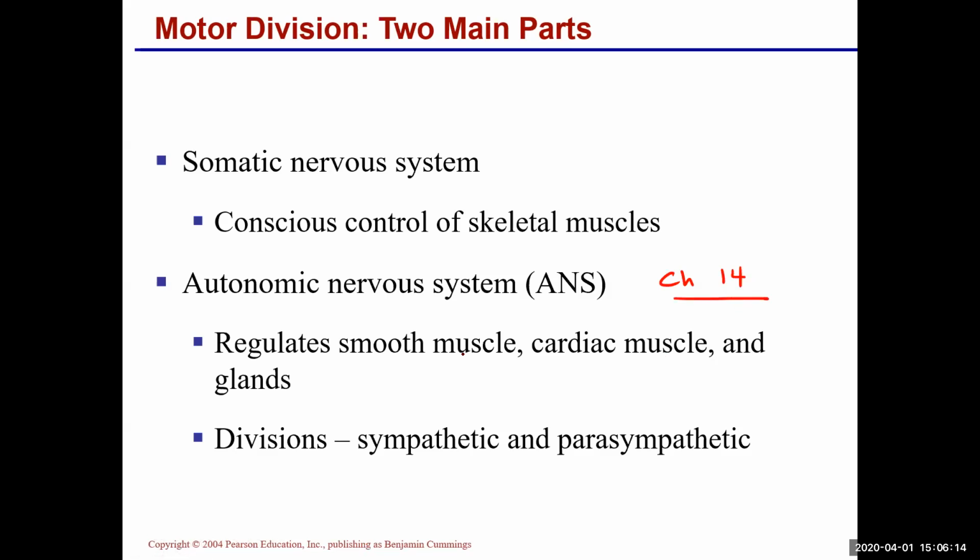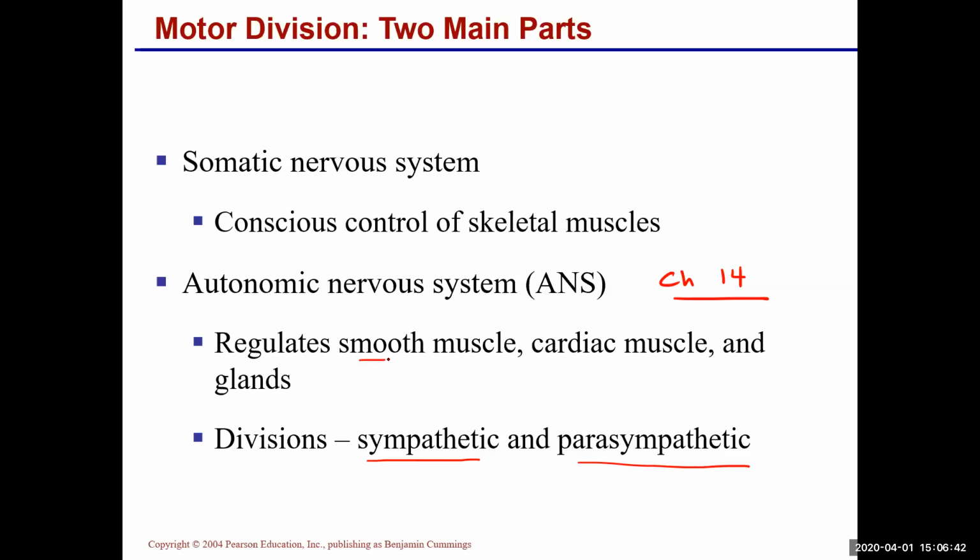But the two systems, sympathetic and parasympathetic, are important. And the effector organs are different. Instead of a skeletal muscle being the effector organ, which was the case in the somatic nervous system, SNS.